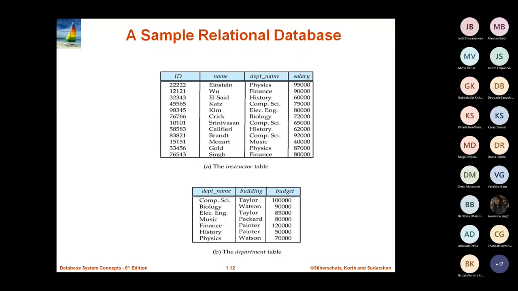Was it of the order of 4, 5, or about 10? Did anyone have more than 10 tables? So, how many do you think are there in ERP? Any wild guess? 50, 30? 100? Okay, so 100. Anybody else? 50 tables. Okay, any other guess?